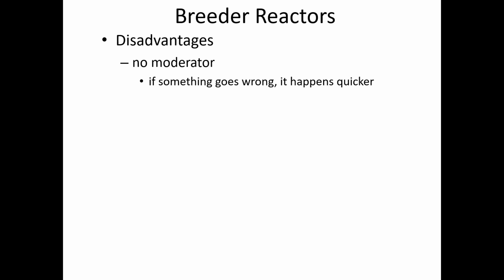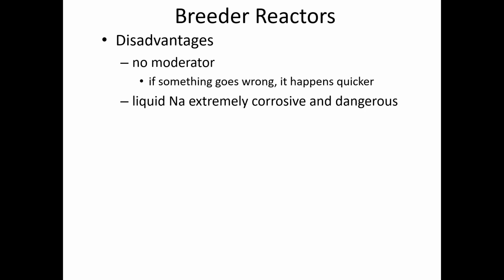Normally in light water reactors we utilize moderators or absorbers in order to control the reactions, but in a breeder reactor there is no moderator. This is one of the biggest disadvantages of this kind of reactor. If something goes wrong, just because of the absence of a moderator, it happens quicker, so it will be disastrous.